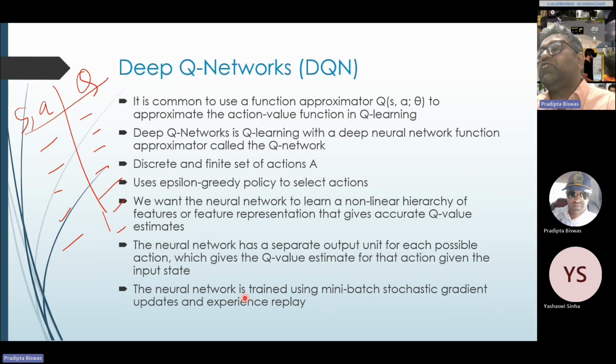As I told you, regarding the difference between direct utility estimation and ADP, in direct utility estimation we do not exploit the Bellman update, which means that we consider the utility values to be independent of each other, which they are not, because the utility of the next state depends on the previous state, which is expressed by the Bellman update. A similar problem also happens in the deep Q network, where the independence assumption may not hold true, and there are ways of using convolutional neural networks for calculating the deep Q values, and also there are double Q networks, etc. But the basic takeaway is that we will have a table of Q values, and then we will use a supervised learning agent, an appropriate one based on our field, for learning the Q values.